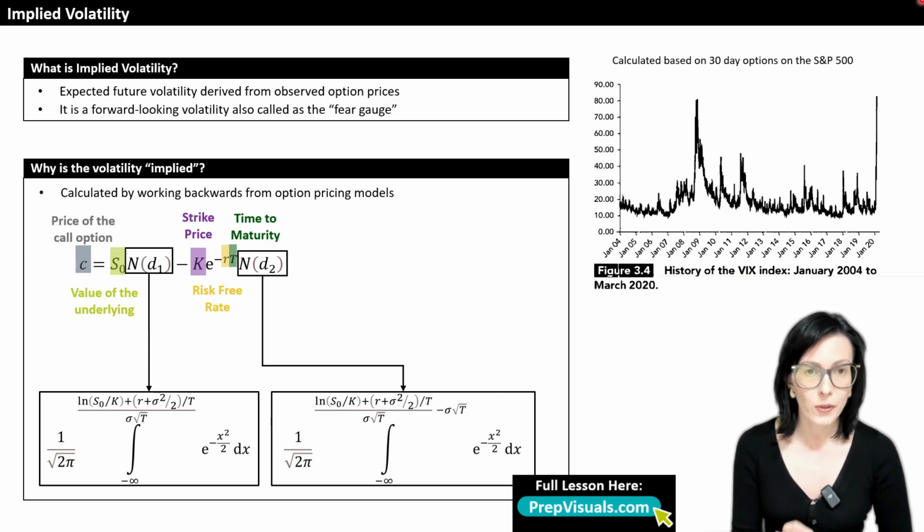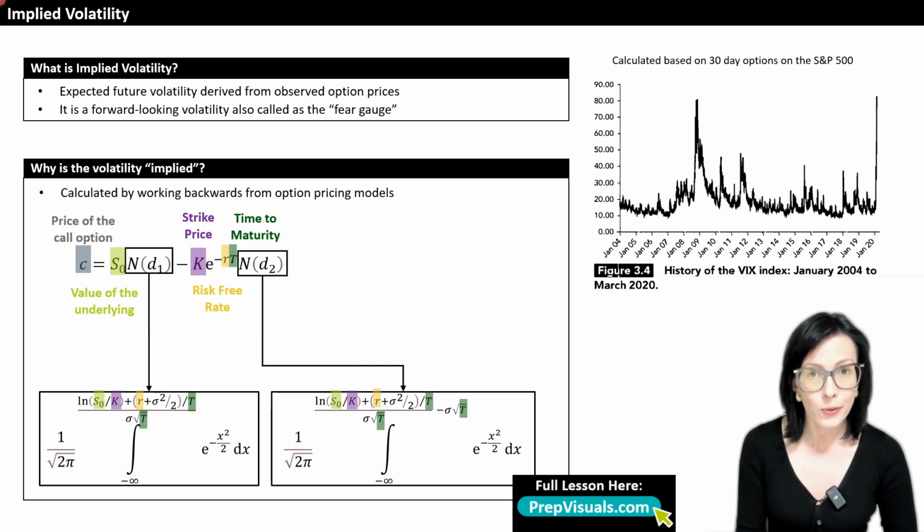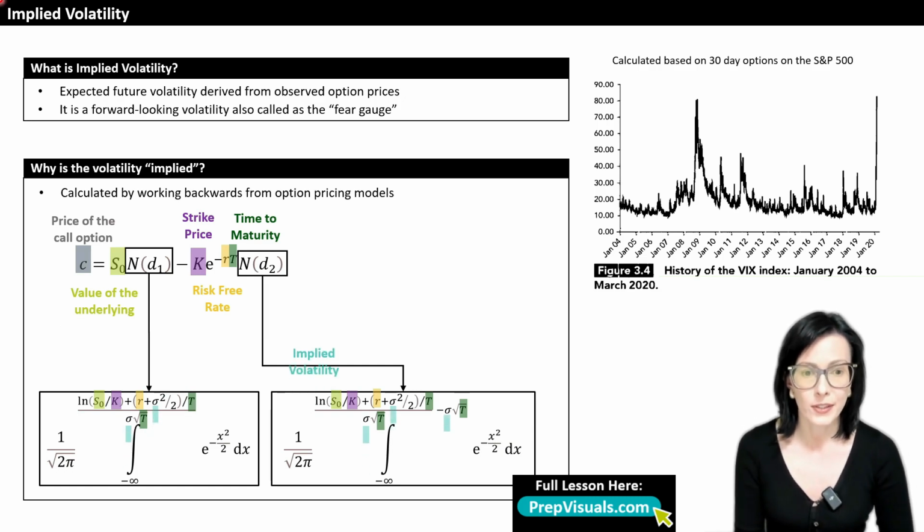As you can observe, the green S0 is the value of the underlying, the purple K is the strike price, the yellow R is the risk-free rate, and of course the green capital T is the time to maturity. What I want you to observe is that these elements are pretty much the same as these elements over here. The only element that is new is the implied volatility.